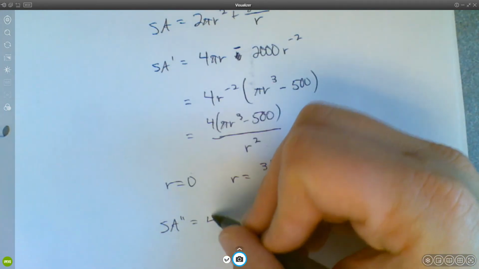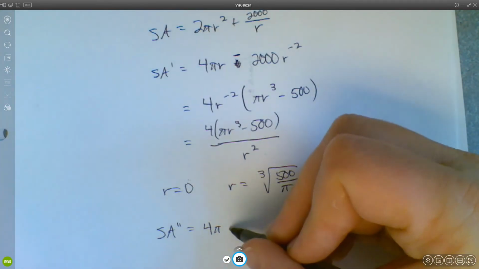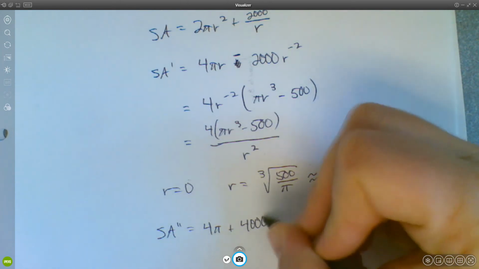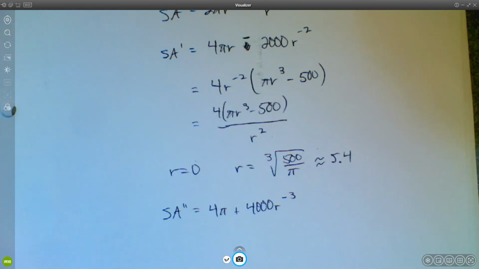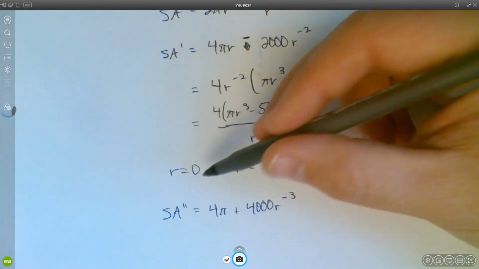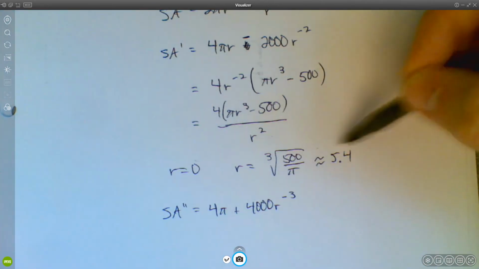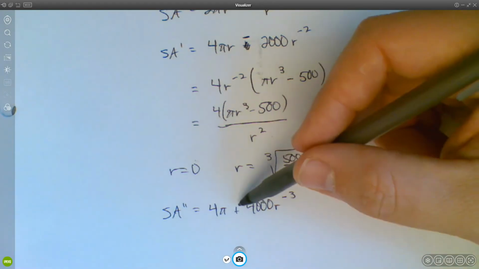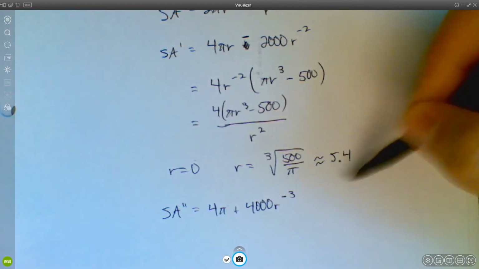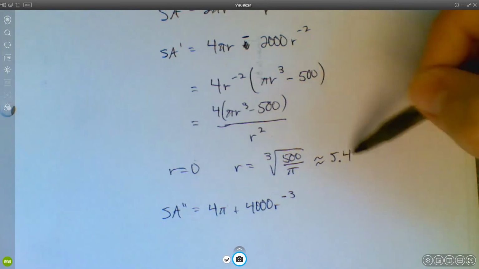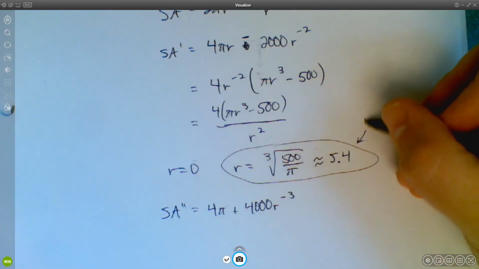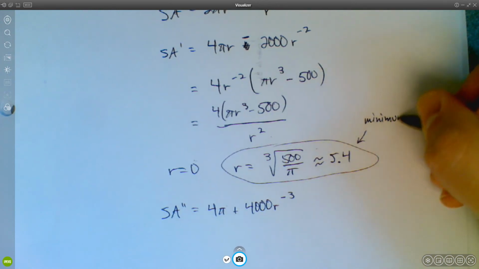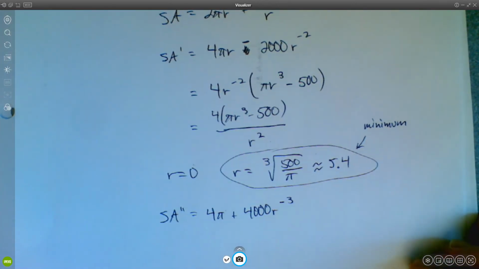So second derivative is going to be 4 pi plus 4,000 r to the negative 3. If I plug in 0, the second derivative is undefined. If I plug in 5.4, I'm going to get a positive value. That means that at 5.4, the curve is concave up, which means this is a minimum.